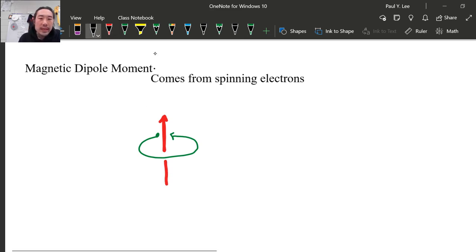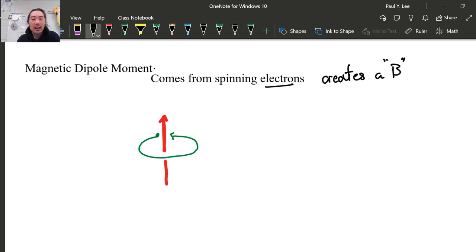So the spinning electron creates a magnetic field, and that is really, really, really cool. It's one of the craziest things that we can talk about in physics. How a moving electron creates this thing called a magnetic field. All right, but the important thing is that this magnetic field that is created from the electron has a north side and it has a south side.